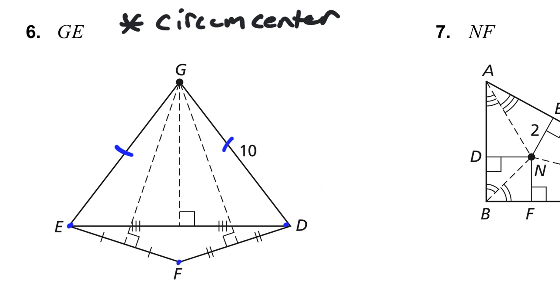I'm not going to draw GF, that's not even asked for. So if we want GE, which is right here, and we know based on our markings that it is congruent to GD, which is 10, that means GE is also worth 10.